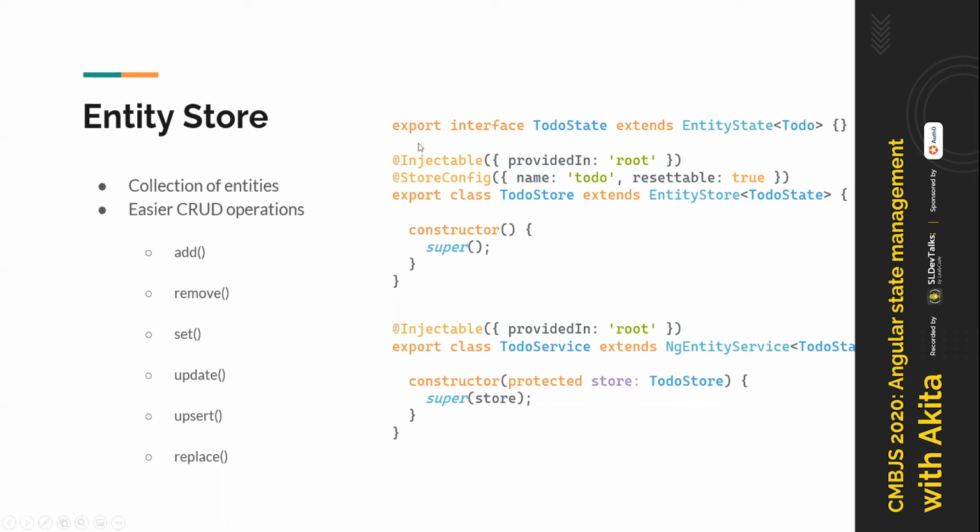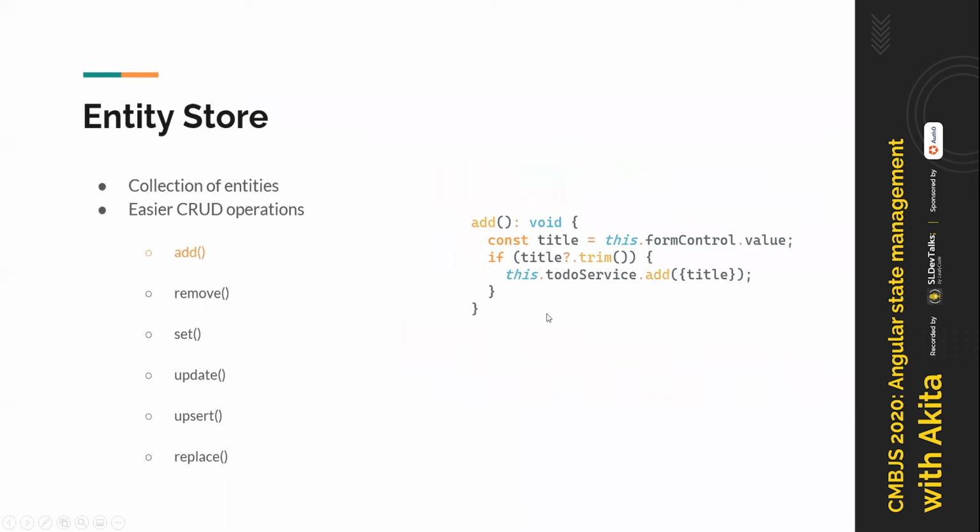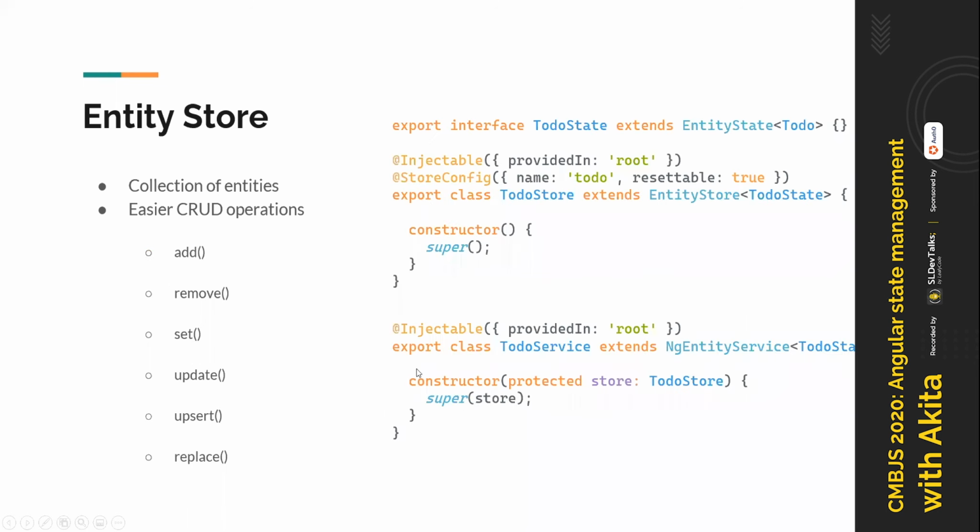So like creating a normal store, you can extend an entity store class here, not the store class, and provide your property name, property class. So here I'm passing the to do. And in these inbuilt methods, you can just call to do service. So if you can see in here in the to do service, I haven't written anything.